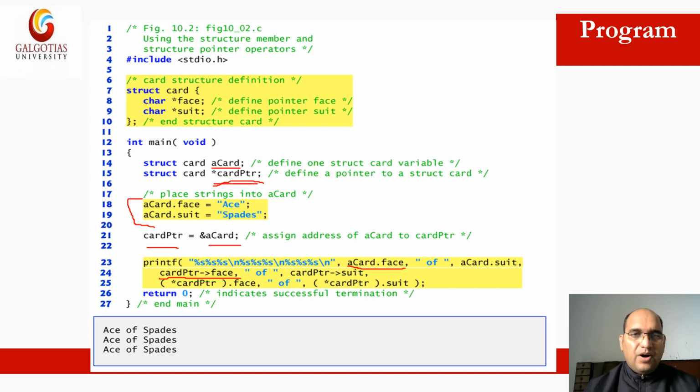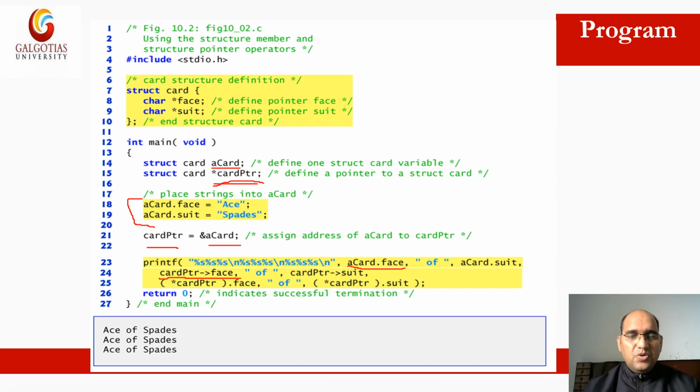So the moral here is that when you want to access a member of a structure with the help of a pointer variable, then you will be using the arrow operator, right? If you want to access the member of a structure through a normal variable of the structure, then you are going to use the dot operator.